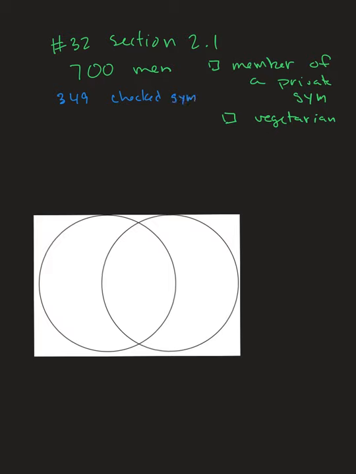And 101 checked vegetarian. So 101 checked vegetarian. And 312 were blank. So they didn't check any boxes.